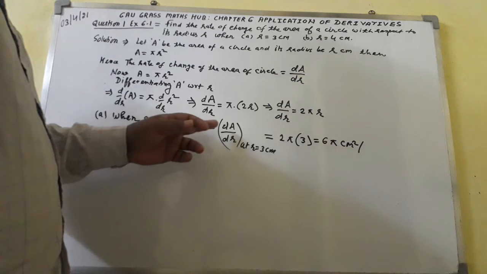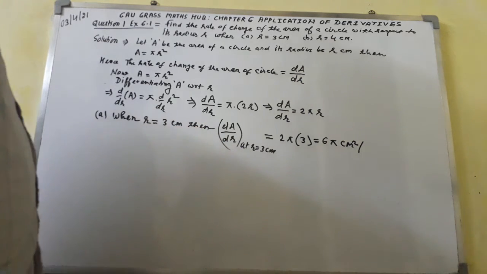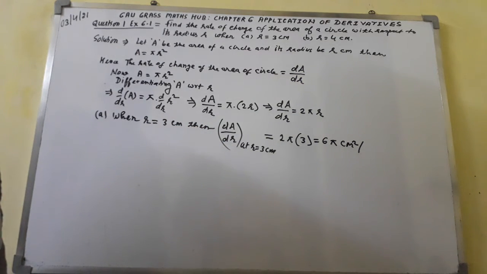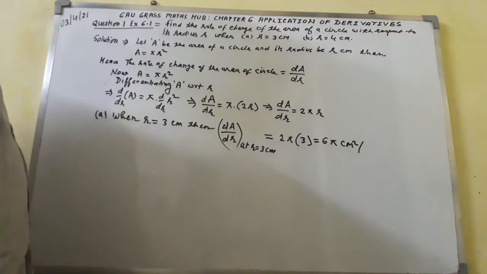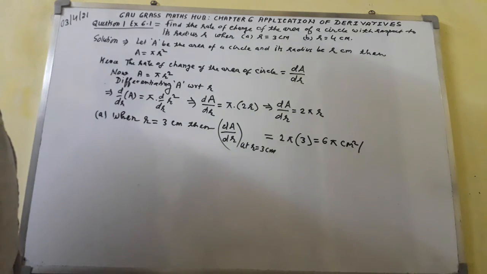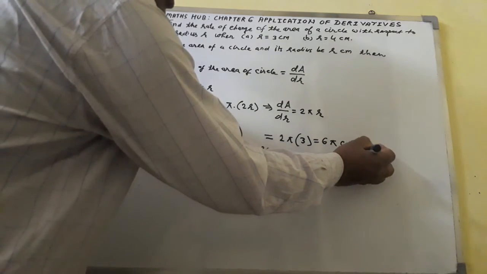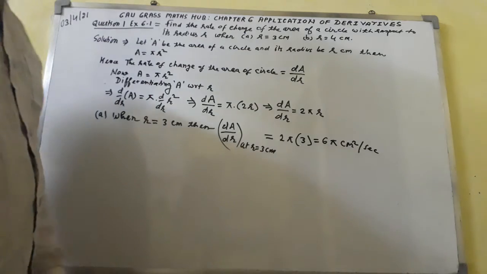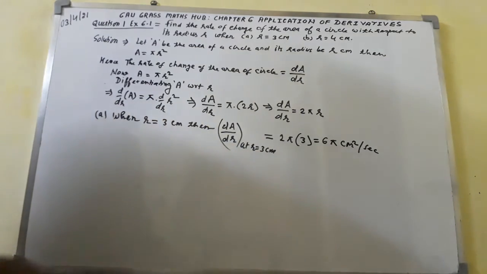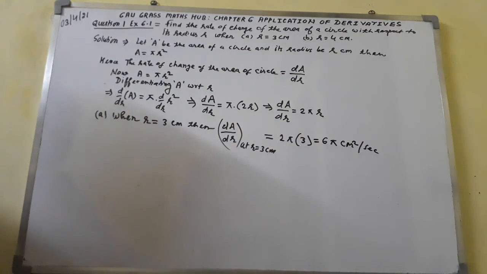You have got dA over dr, centimeter square per centimeter. Now I shall check whether this answer is correct or not.